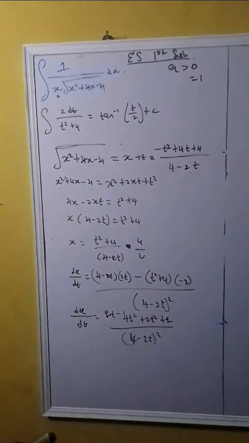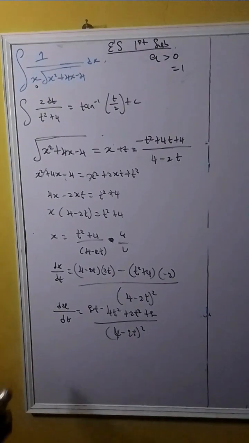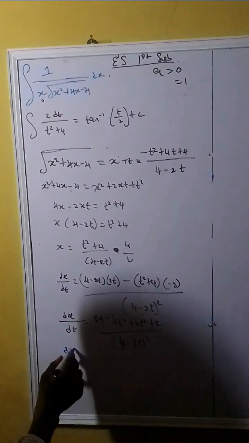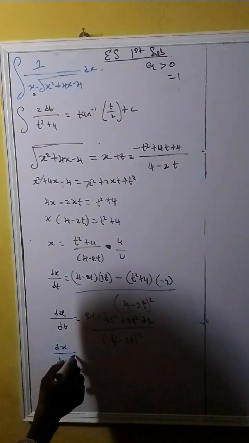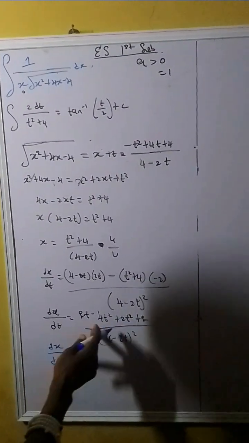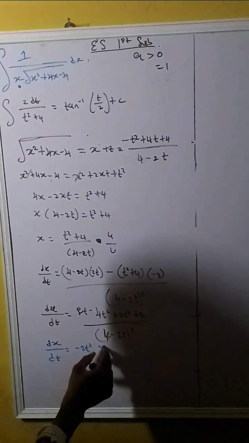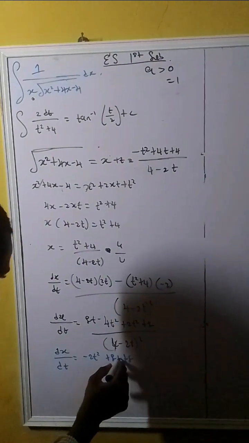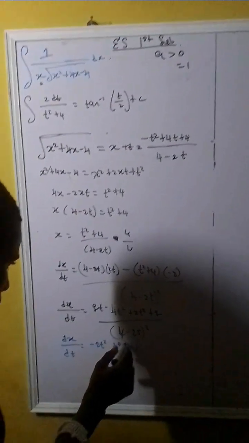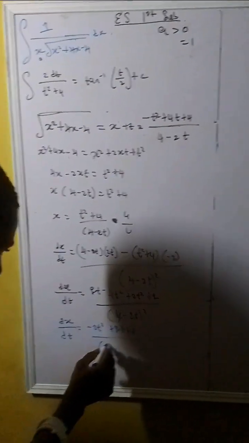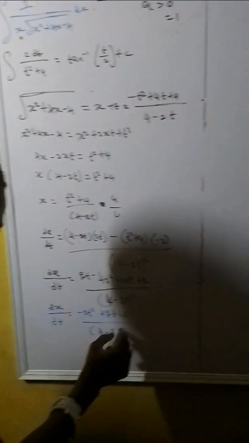Are you with me? 4 minus 2t raised to power 2. So we can break this down as dx over dt would be equal to minus 2t squared plus 8t plus 8 over your 4 minus 2t raised to power 2, right?